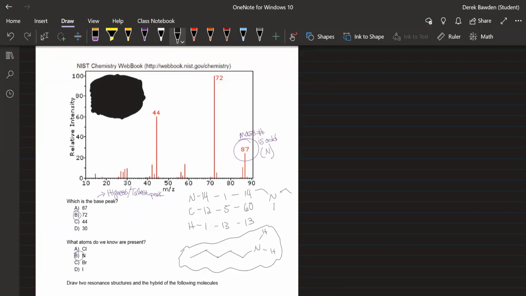Again, that still has your 13 hydrogens, 5 carbons, 1 nitrogen. How are these two related? Constitutional. They're both C5H13N, constitutional isomers.